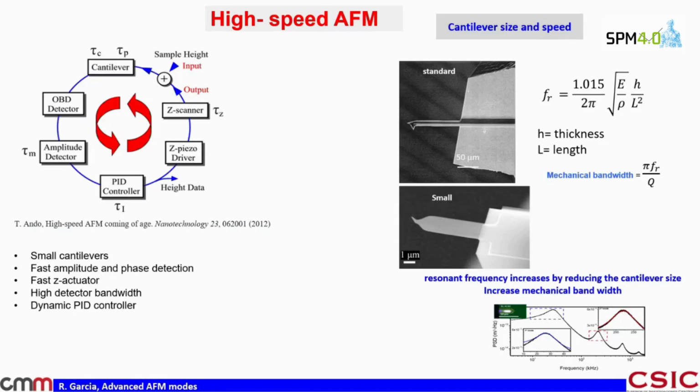So the cantilever doesn't need to know that you are really moving it fast. That's why you have to move the tip at this frequency far from your resonance, so the resonance doesn't see that you are acting on it. It's dampening it. But if you were exciting or moving the tip at this frequency, the cantilever will see it and will amplify it, and that will create a lot of mess.